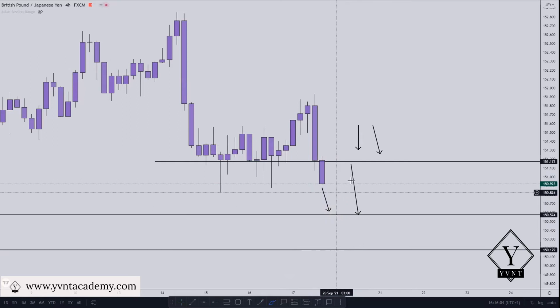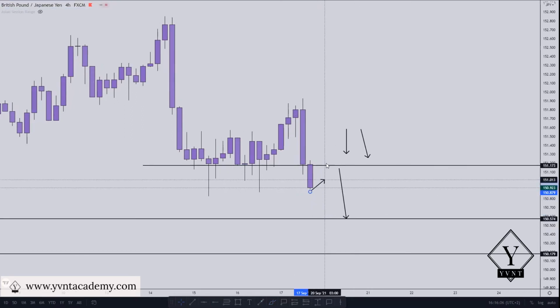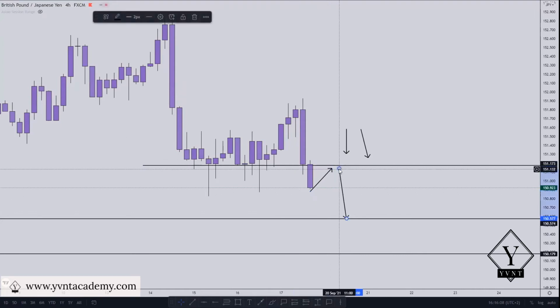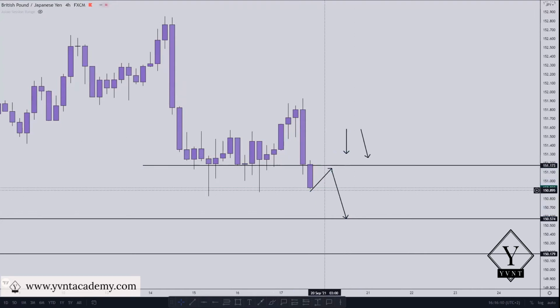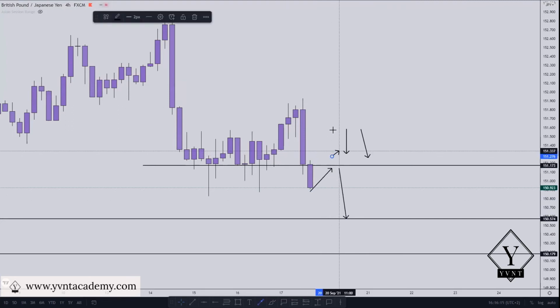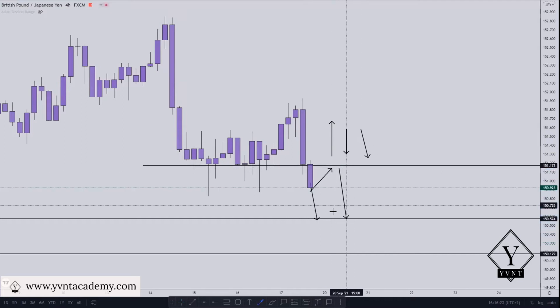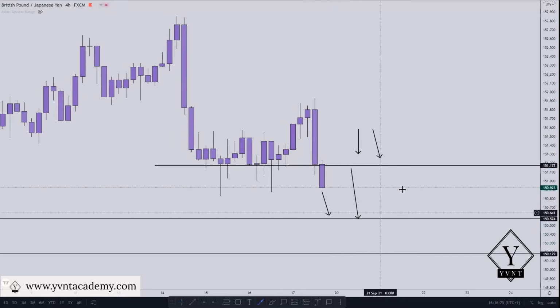For me on GJ, you're going to be looking for price to come back here before we continue looking for sells. The only time you're going to look for buys is when price starts giving us a sign of a double bottom before we can push back up. So that's it on GJ.